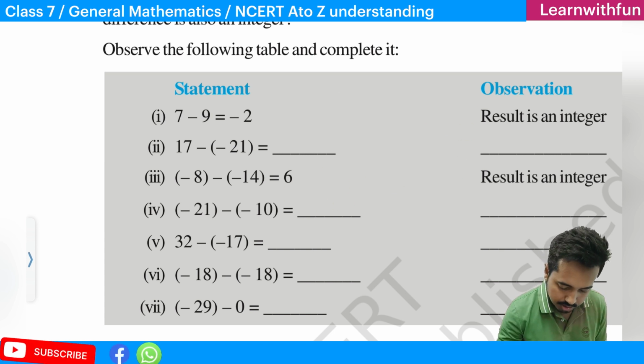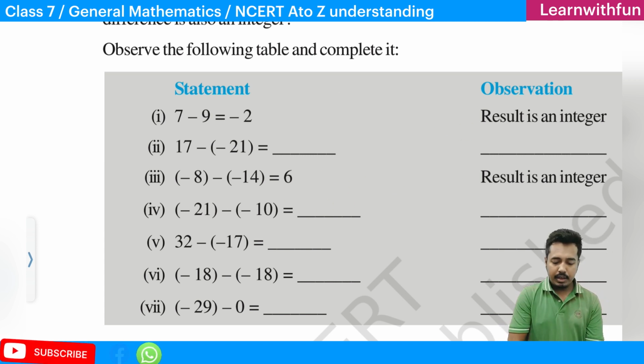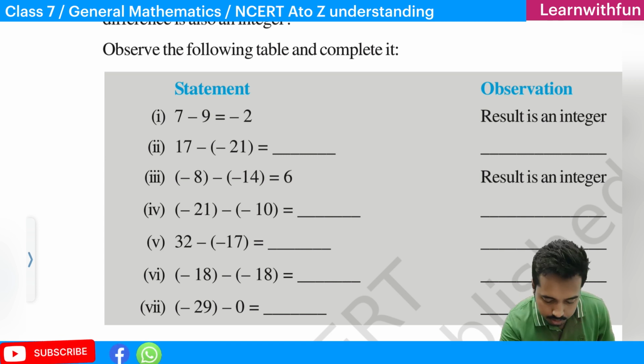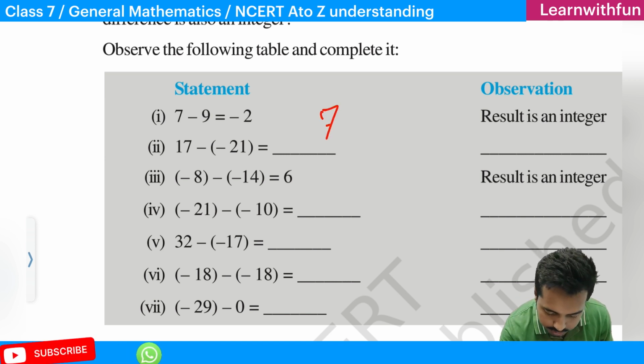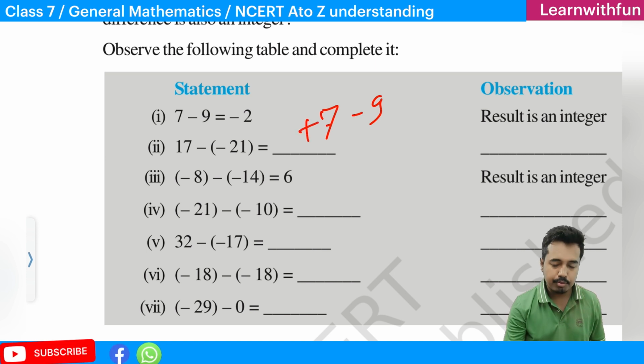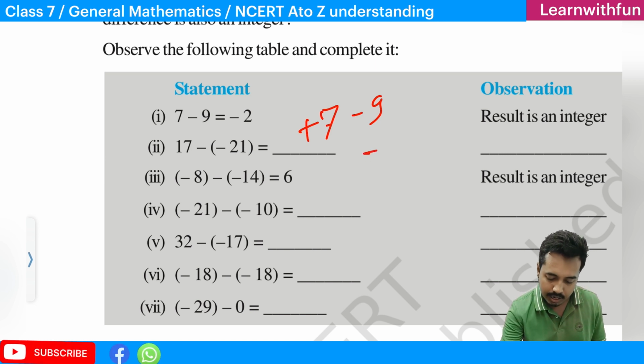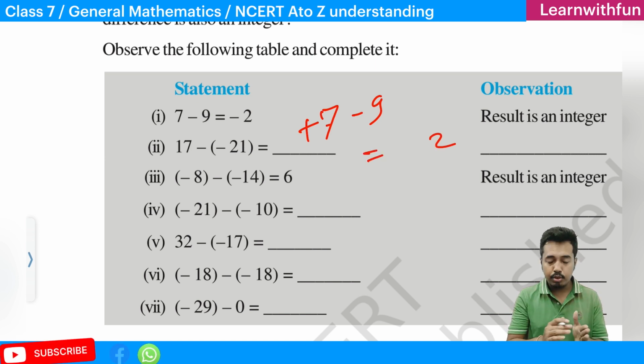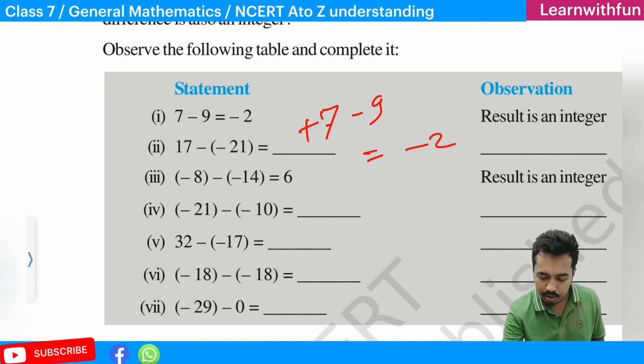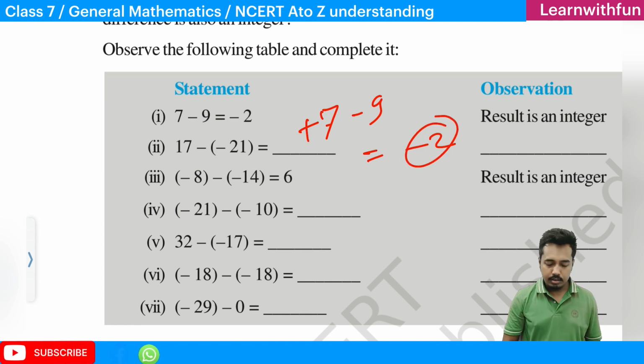So in case of 17 minus 21, before that we will talk about 7 minus 9. There is a positive sign before 7 and the signs before the numbers are different, so we will subtract 7 from 9, you will get 2, but the sign before the larger number is minus, so you will have to put minus here.